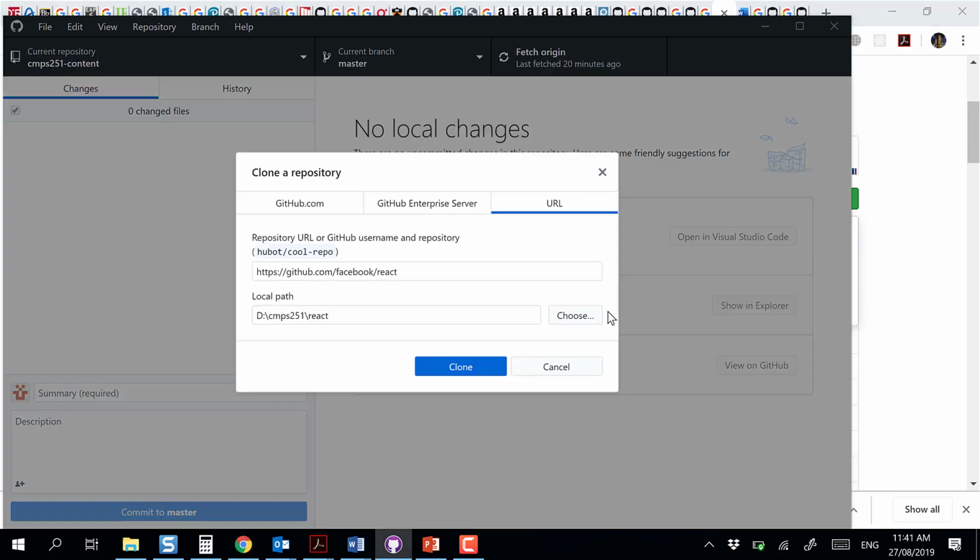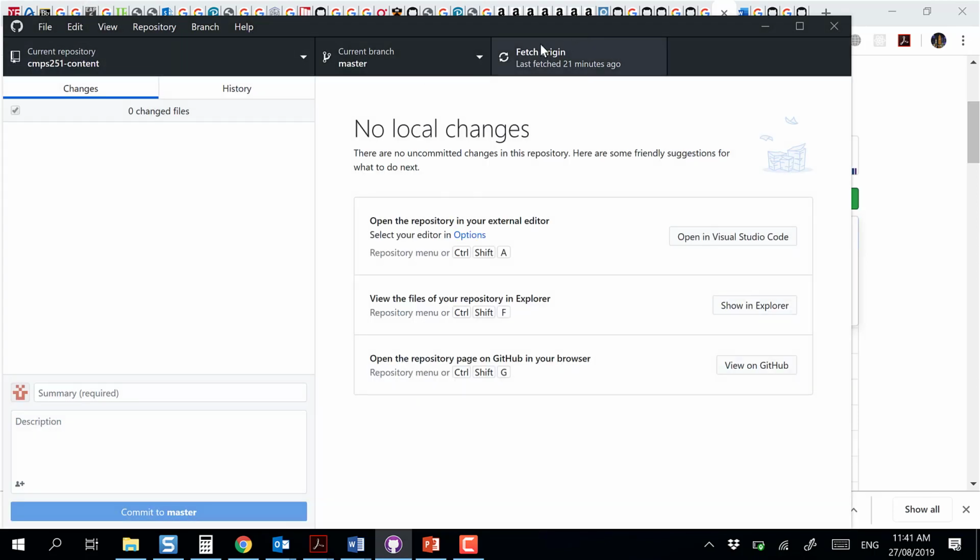Now, when I say open in desktop, this little program I downloaded will ask me, where do you want to put this project in your local system, in your local computer? You choose a folder where you want to put it, and then you click clone. When you click clone, it will download everything. But not only this, it will give you this little button here, fetch origin.